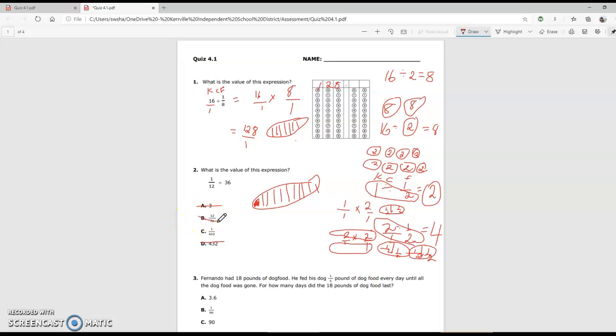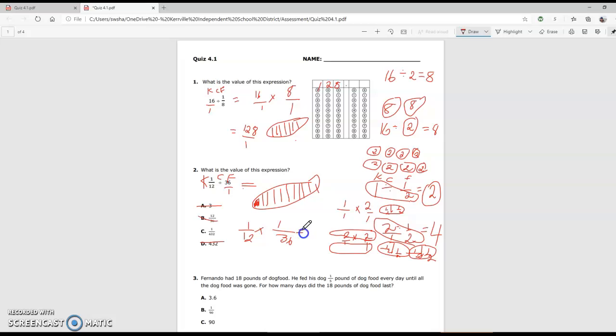Not that one. Remember your rules? You keep this one and you multiply it by its reciprocal, right? You keep the 1/12. You change this into multiplication and you flip this one, right?